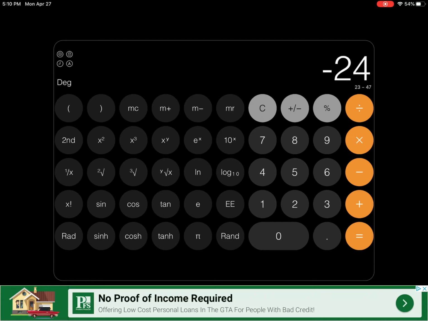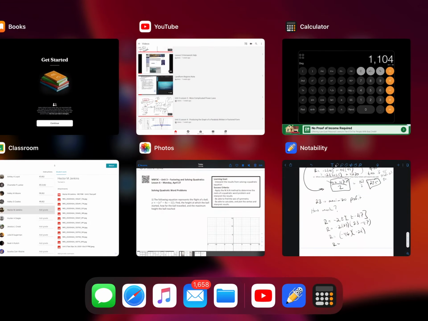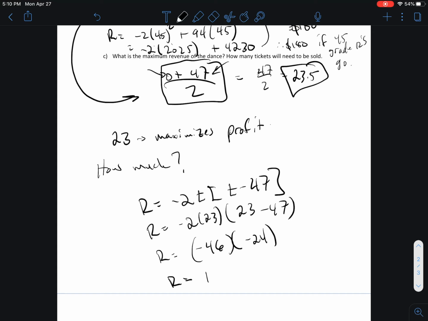Then you multiply those two numbers together, negative 24 multiplied by negative 46. There you go. So the maximum revenue would be that.